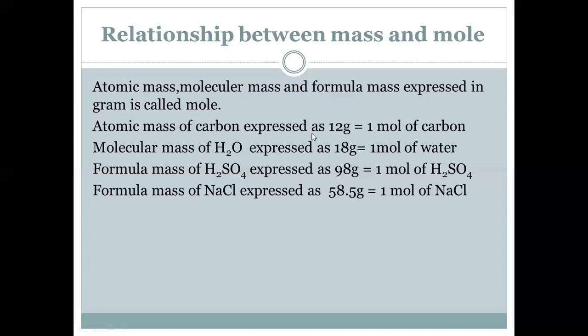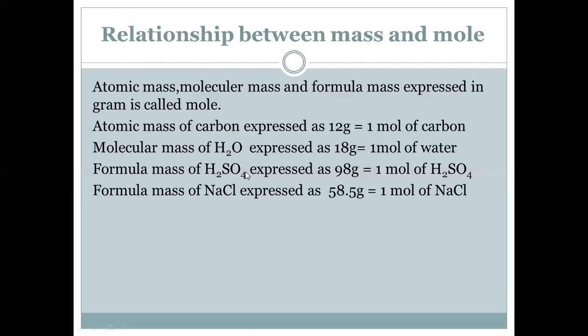Atomic mass of carbon, from the periodic table, is 12 grams, and it is equal to 1 mole of carbon. Water is a compound and compounds are made up of molecules, so we will use molecular mass of water: 16 plus 2 times 1 from the periodic table is 18 grams, and again it is 1 mole of water.